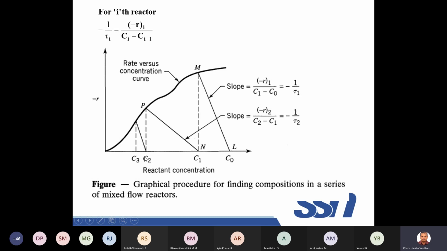Like that, this process will go on for as many reactors as there are. This is the graphical procedure to find the compositions inside mixed reactors of unequal size. Any doubt? Shall I give you some time so that you recollect what is happening?